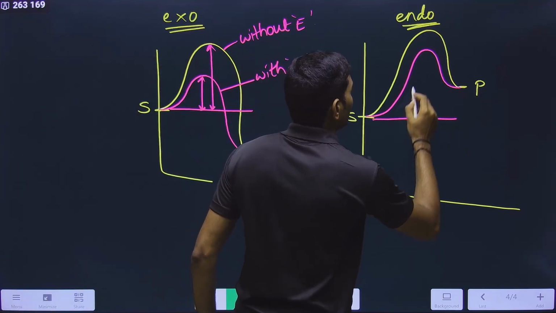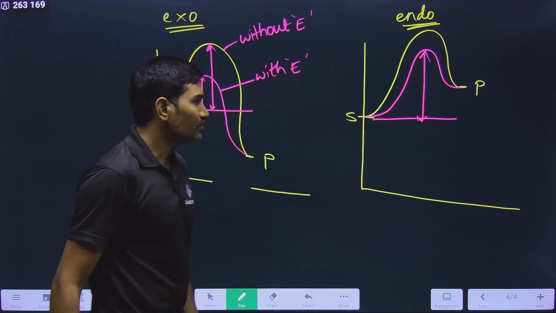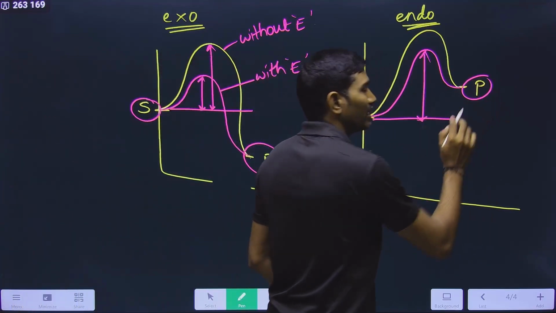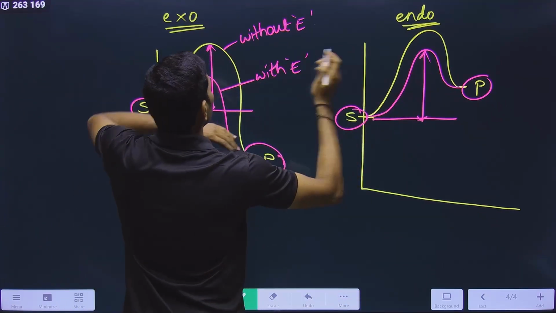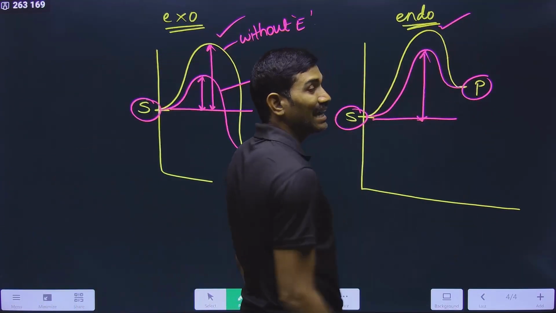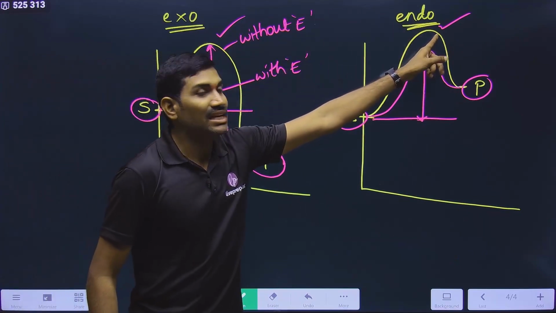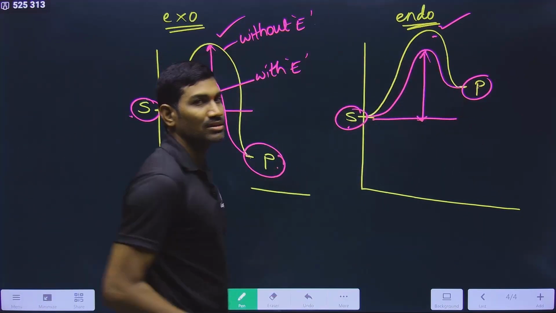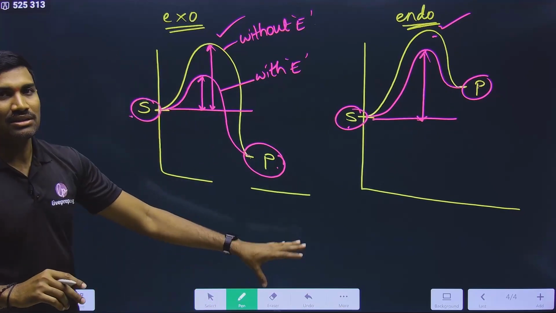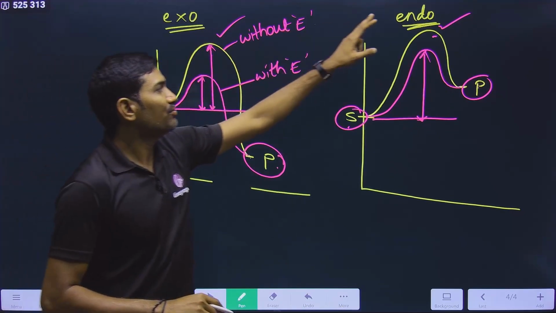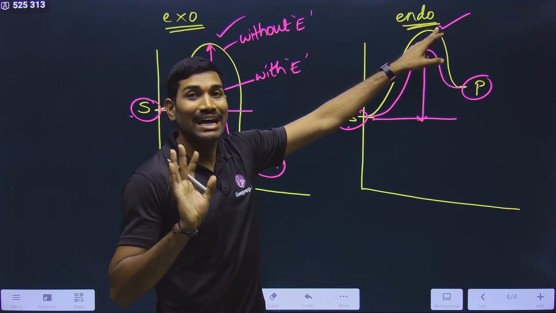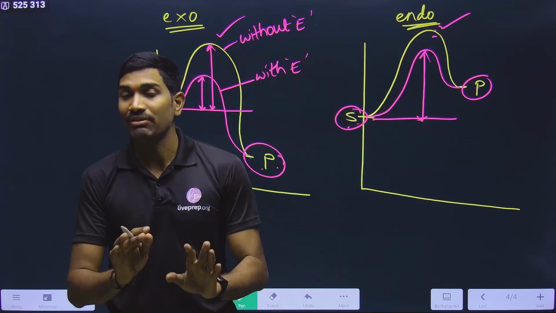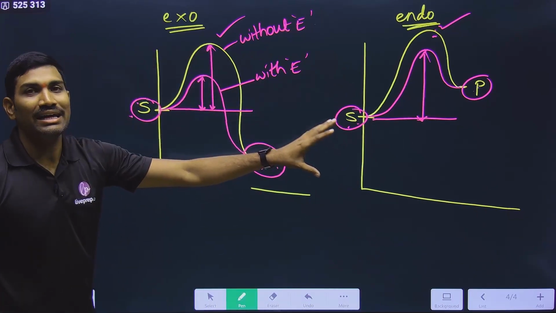Whatever the condition, whether it is exothermic or endothermic, in both cases the energy of the transition state is higher than the energy of substrates and the energy of products. Understood or not? In both cases, the energy of the transition state is higher than the energy of both substrates and products. Very, very important.